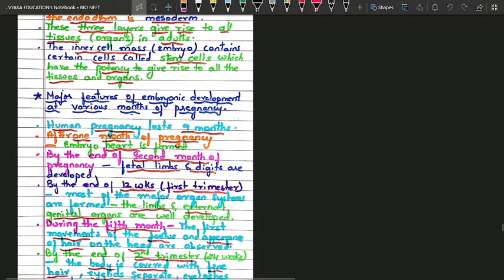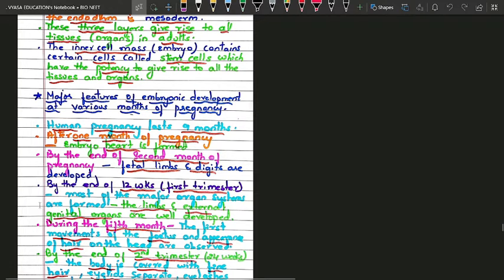By the end of the second month of pregnancy, the fetal limbs and digits are developed. First month heart, second month fetal limbs and digits. Digits are the fingers. Limbs are the hands and the legs, upper limb, lower limb.